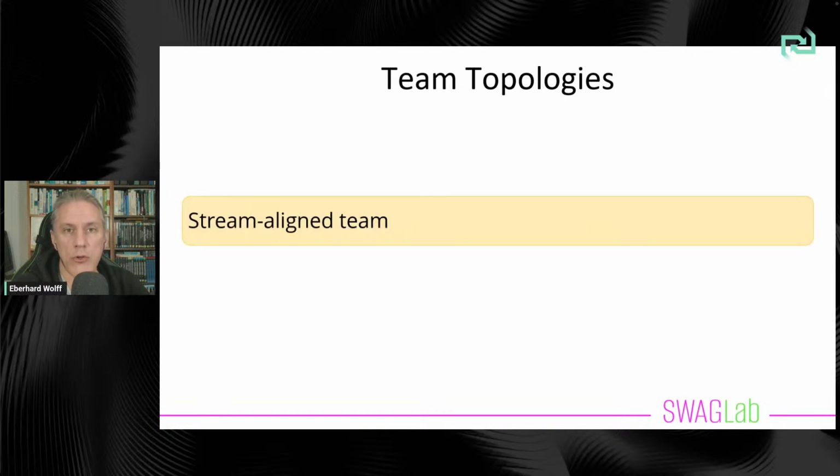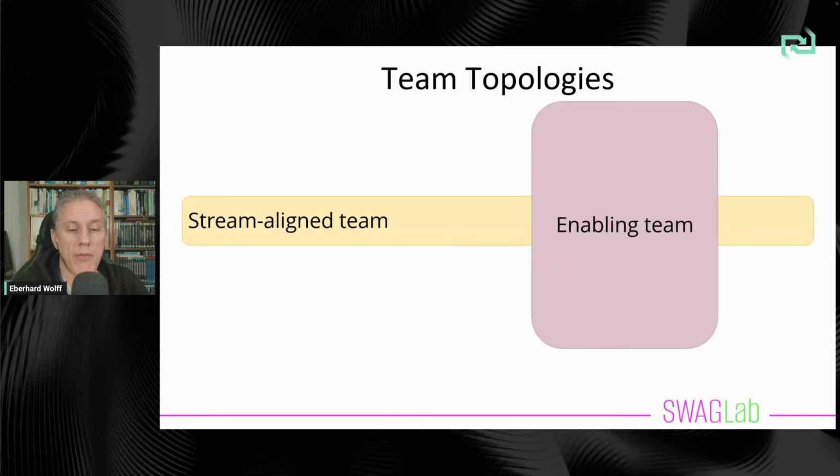They are aligned to a stream of changes where we have some idea, some business requirement, and we implement that business requirement and put it in production. And that stream of change, that's something that one team is responsible for. Now, if we do that, that's actually a very complex task. And therefore, we need to support those teams. And therefore, we have enabling teams.